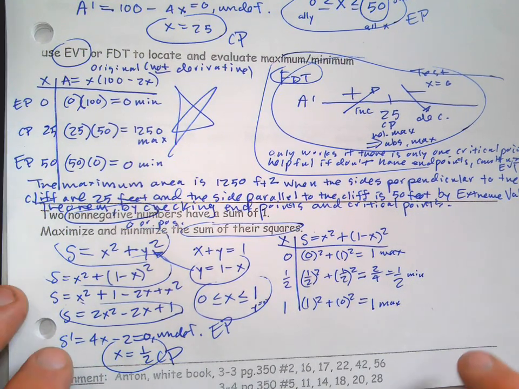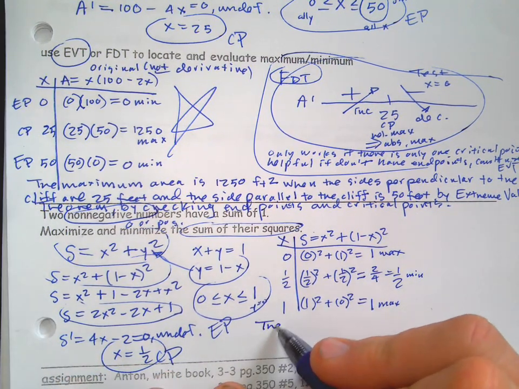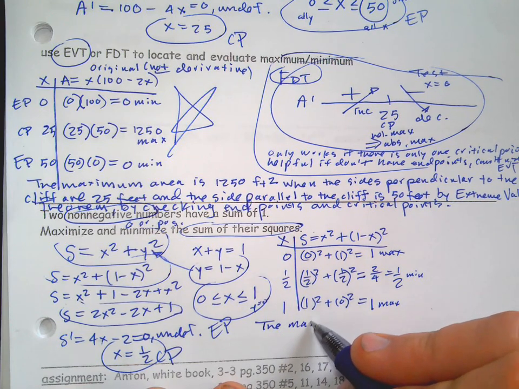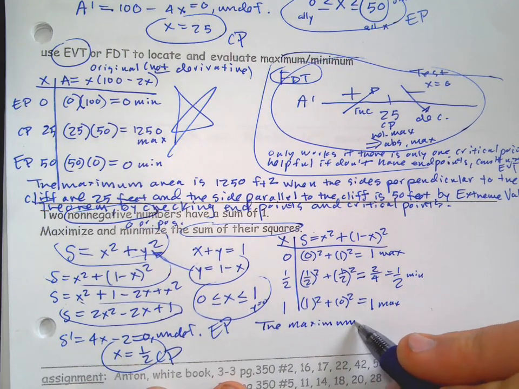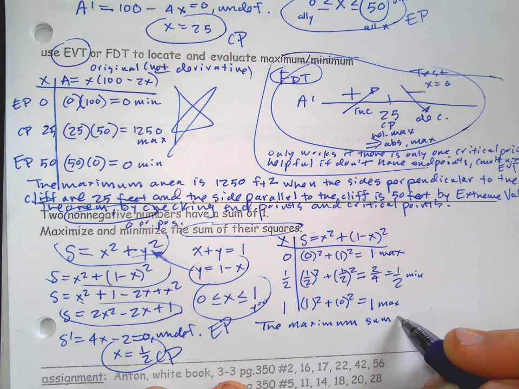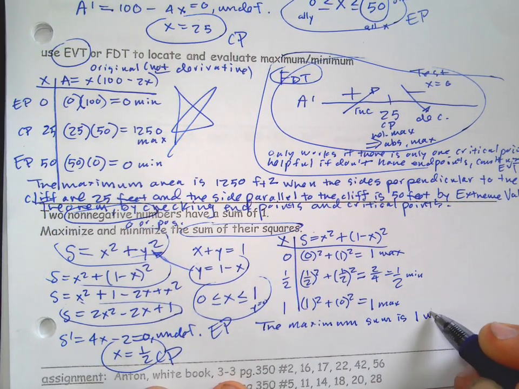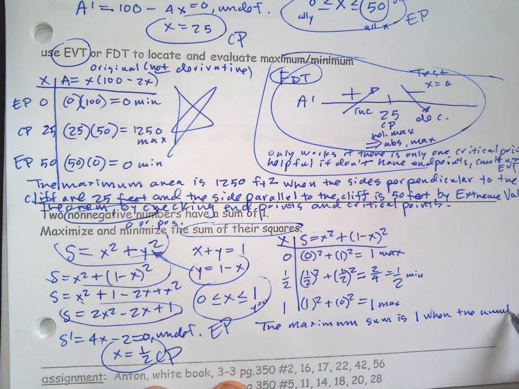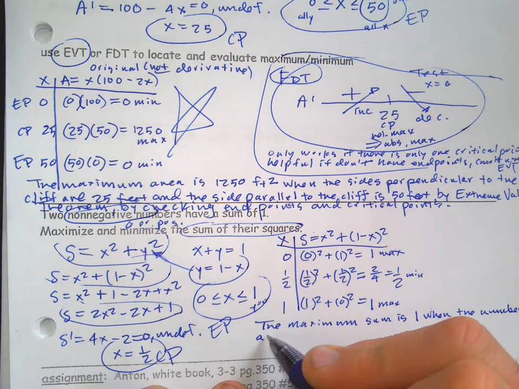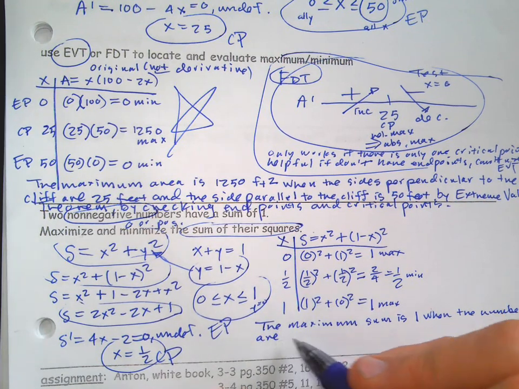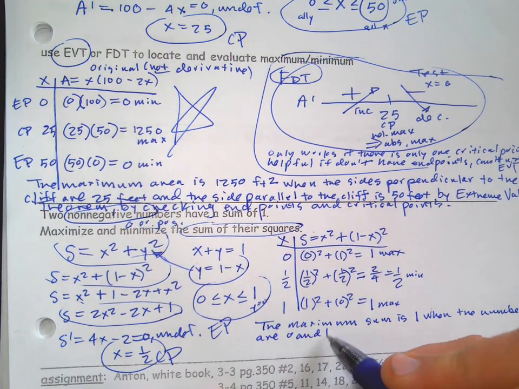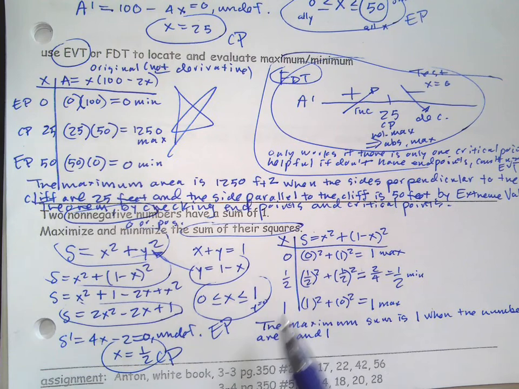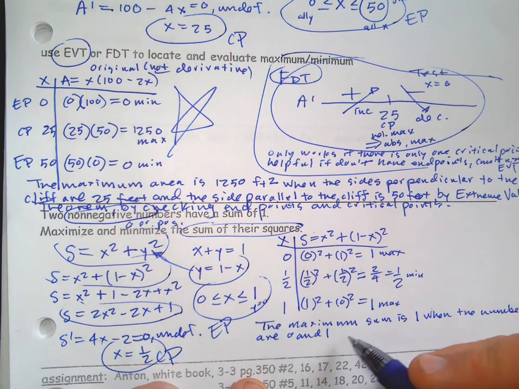And so we're going to say the maximum sum is 1 when the numbers are 0 and 1. And this one's the same thing, 0 and 1, 1 and 0. It doesn't matter that one of them has x and y. We made those variables up.